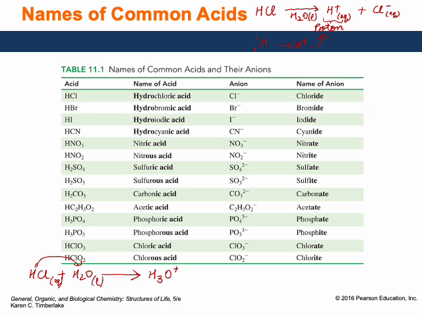This is also sometimes interchangeably used as a hydrogen ion, because hydrogen ion by itself really doesn't exist. Whenever hydrogen ion is present in water, it will be present as H3O plus. Okay, and what's left? What's left is Cl minus, which is chloride ion. This is referred to as hydronium ion.